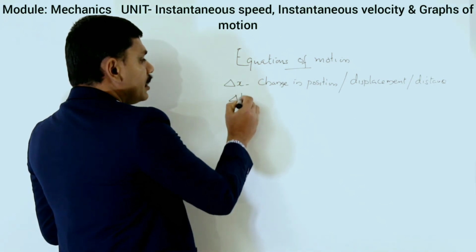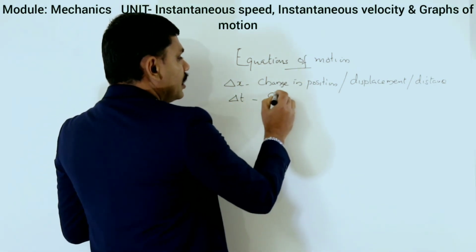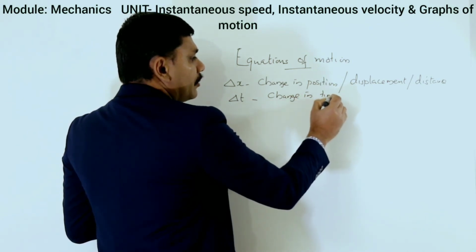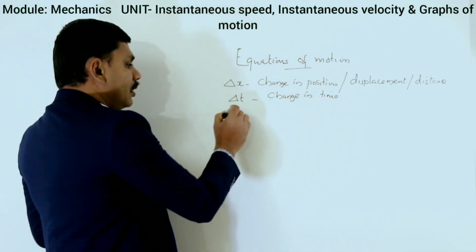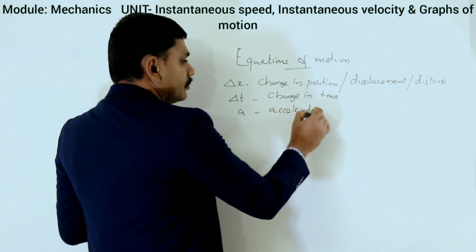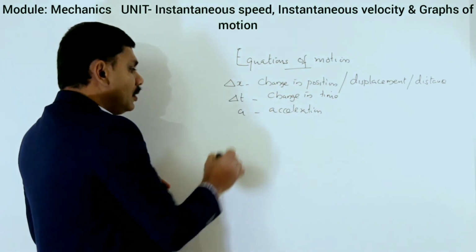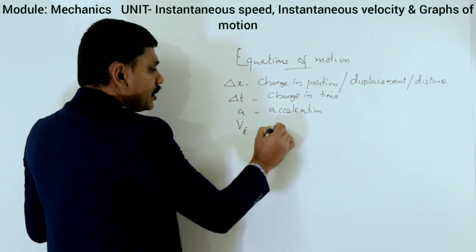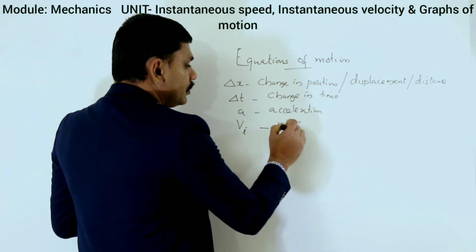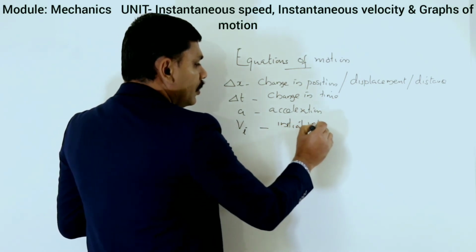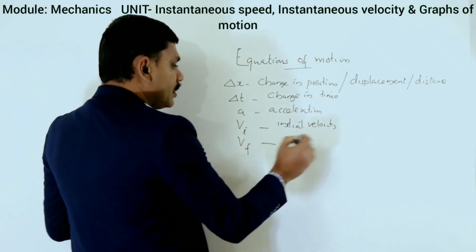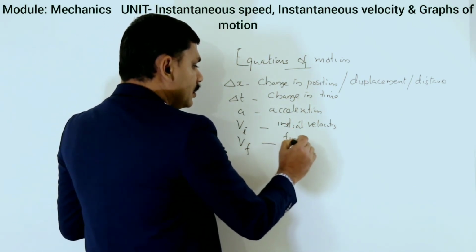Then delta t represents change in time. A represents acceleration. Vi represents initial velocity. Vf represents final velocity.